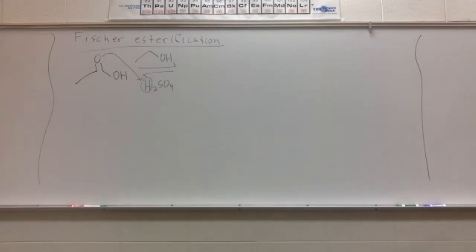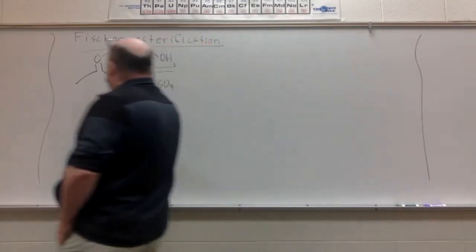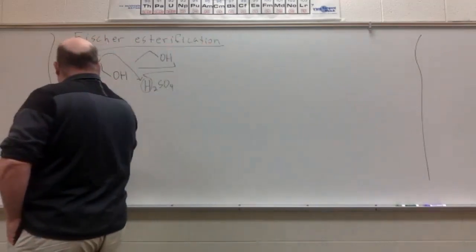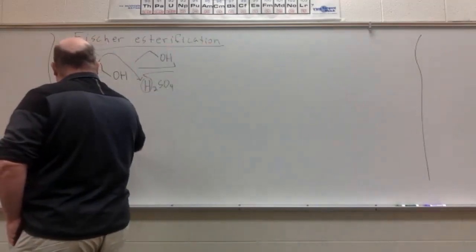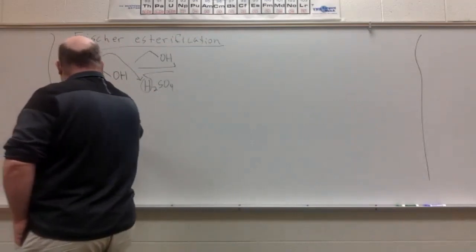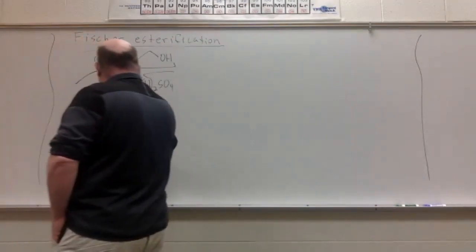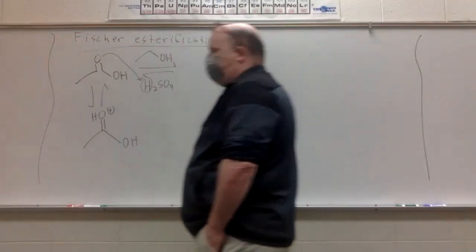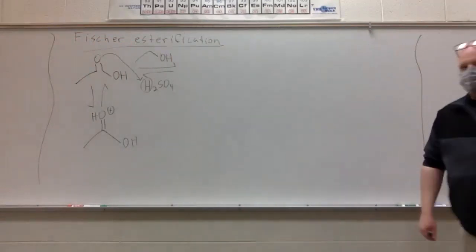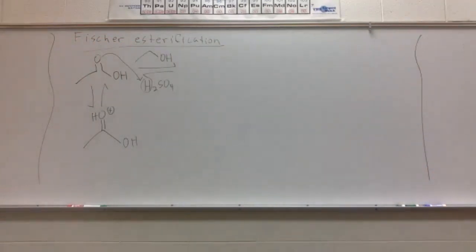Each phase is started by the action of the acid and ends with the reformation of the acid. So, a lot of parallels. It gives you a protonated carbonyl. Then what do you think happens?